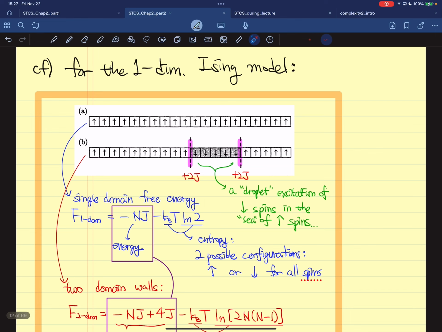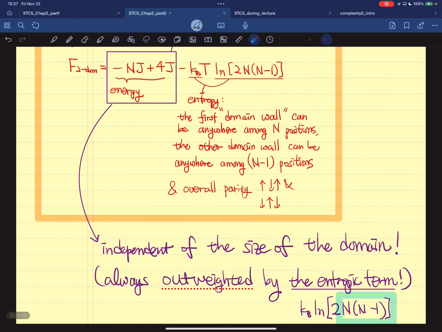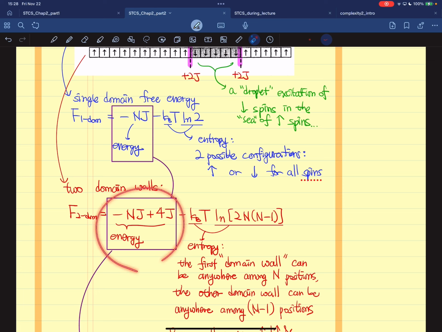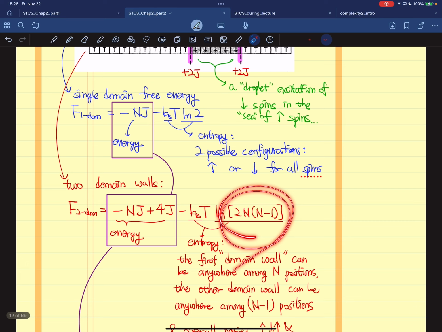And if you compare this one to the one-dimensional Ising model, the biggest difference is that in the one-dimensional case, this energy term has nothing to do with the system size, independent of the domain. But this entropic term increases with the system size. So it's kind of obvious that this entropic term dominates the entire system.